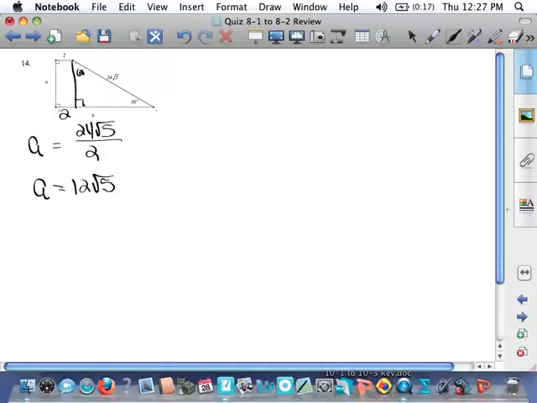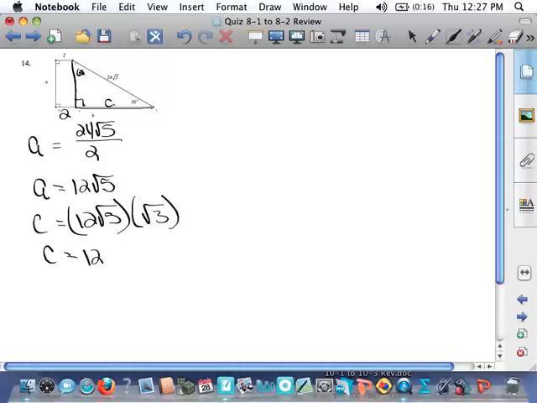This is 2. B is the whole length, so we're going to have to find the length of the long leg. Let's call that C. So C will be equal to the short leg, 12 square root of 5, times the square root of 3. So C is equal to 12 square root of 15.